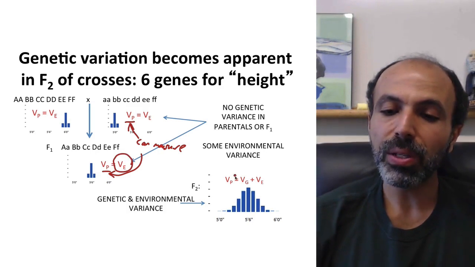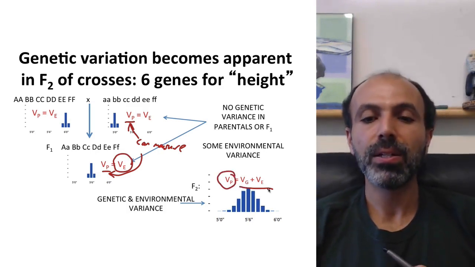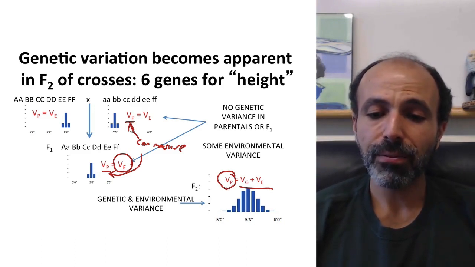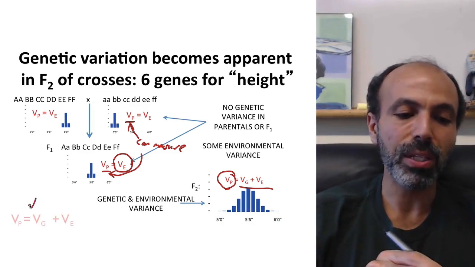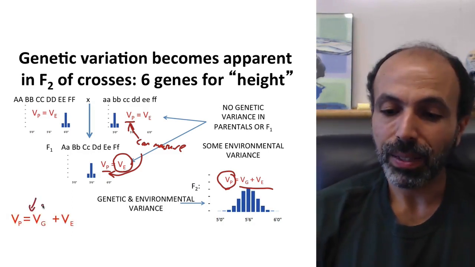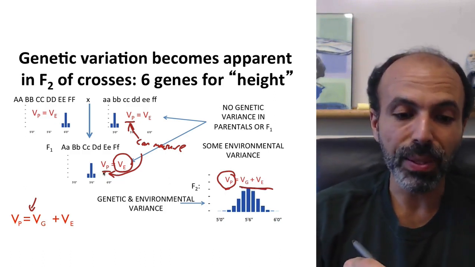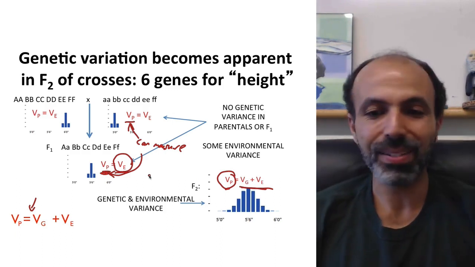Over here, you can again measure the phenotypic variance, and you're getting VG plus VE. So all you have to do is subtract this phenotypic variance minus that phenotypic variance, and you get VG, right? If you take this phenotypic variance, which is VG plus VE, subtract from it this phenotypic variance, which is just VE, you should get VG, right?